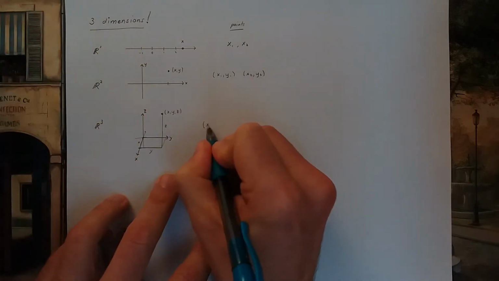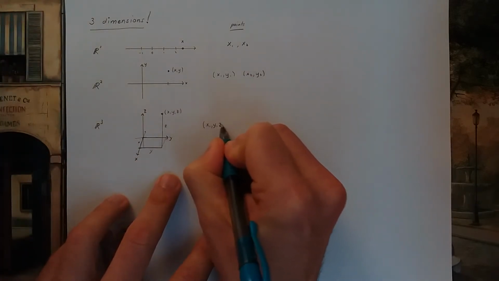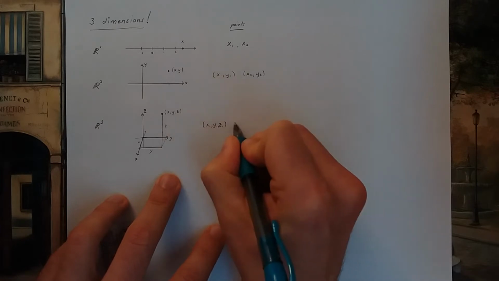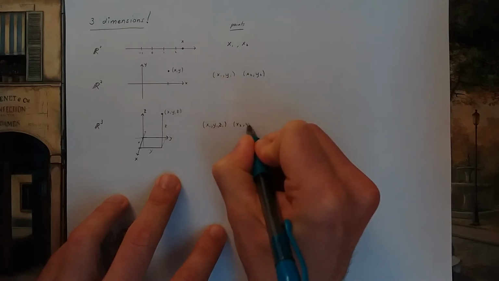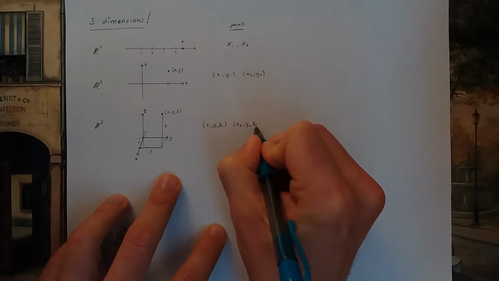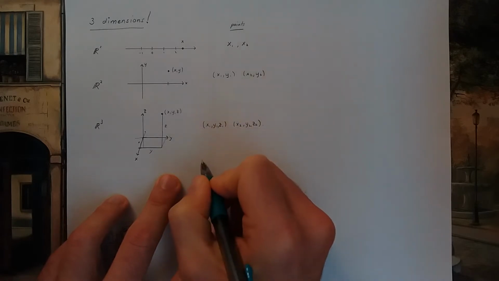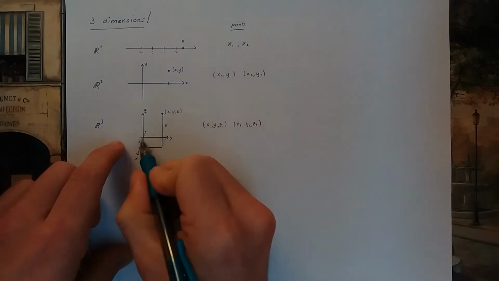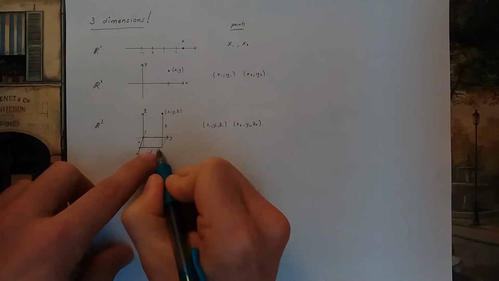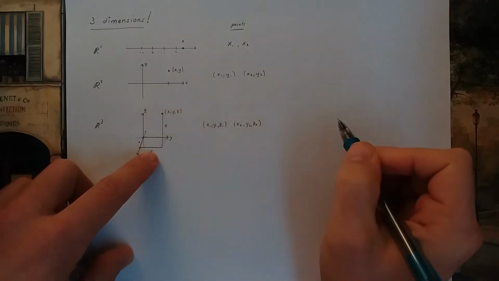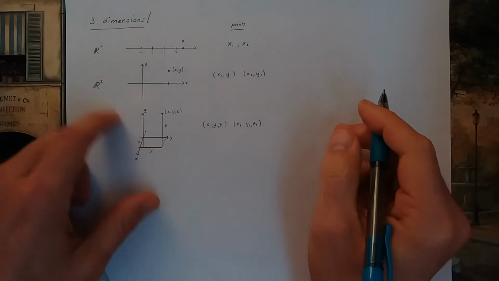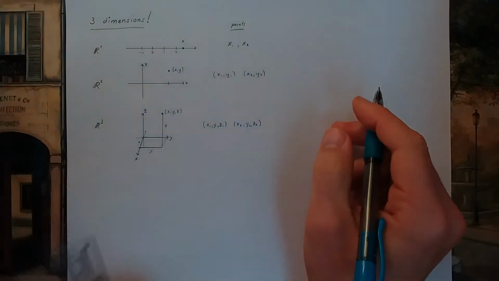They look like x1, y1, z1, or x2, y2, z2. These are different points in R3. So the point 1, 1, 1 would be 1 unit in the x direction, 1 unit in the y direction, and 1 unit in the z direction. So we have points in R3.